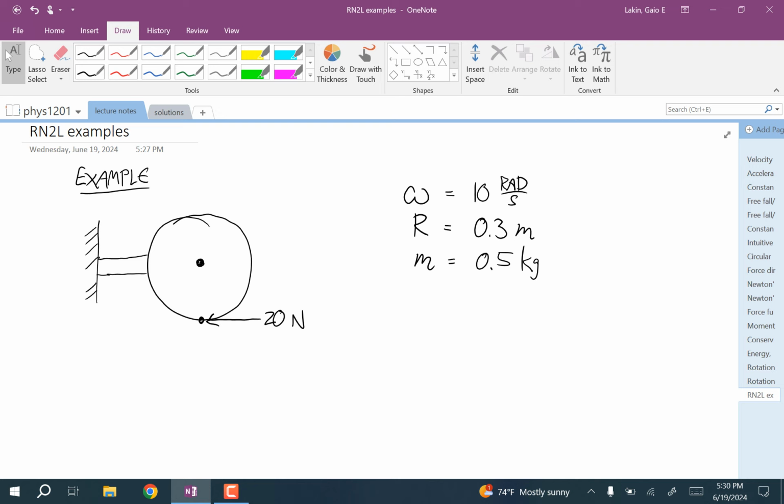And let's calculate what the acceleration is of this point on the disk. So I'll call this A, and we want to calculate the acceleration vector of that point A.